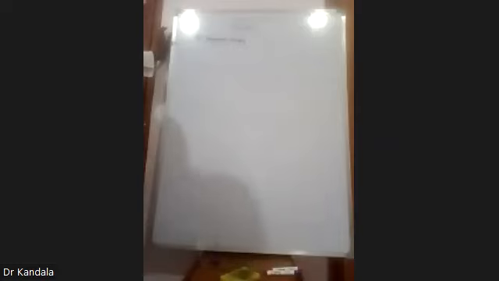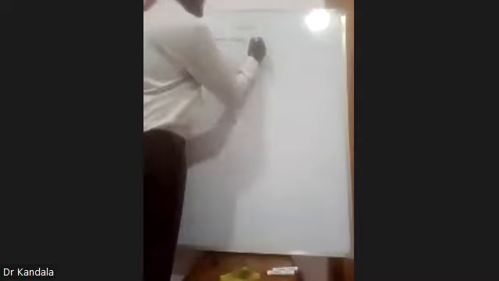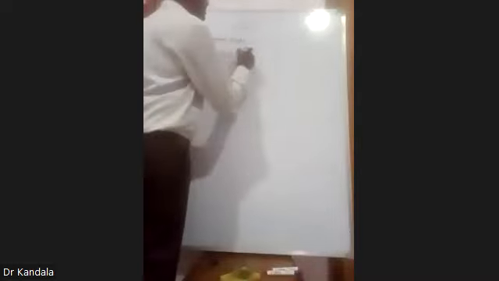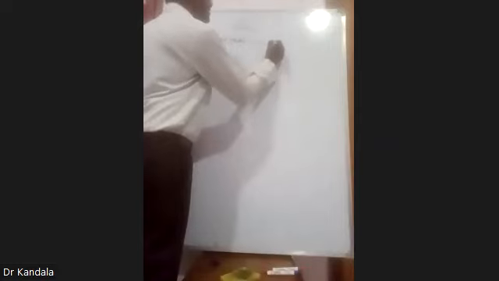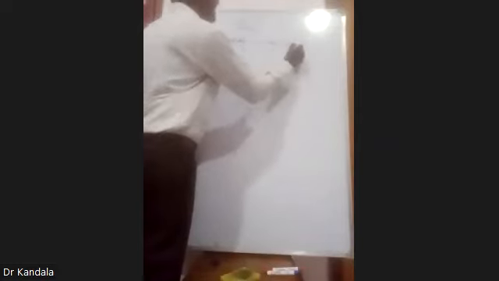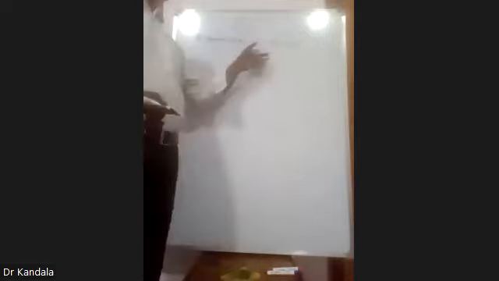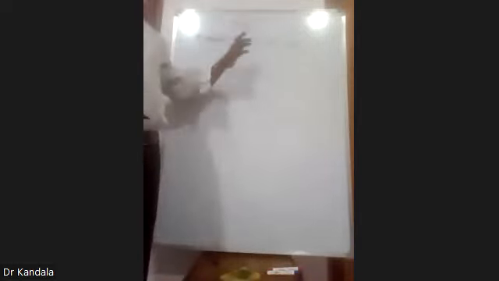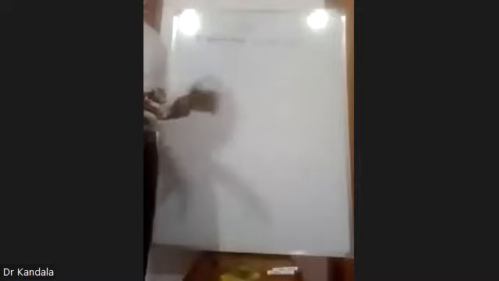Such oxides are said to be neutral oxides. Examples are carbon monoxide, nitric oxide, and nitrous oxide. Of course, these are non-metal oxides, but they show neutrality. They won't react with acids or bases. This is the classification based on nature.